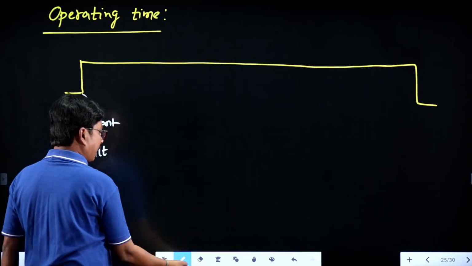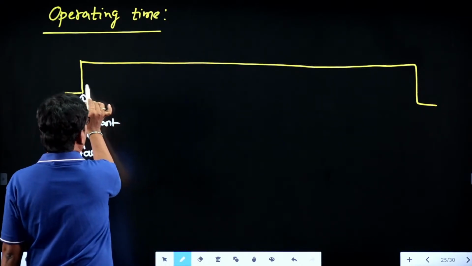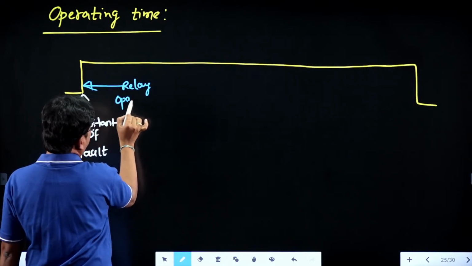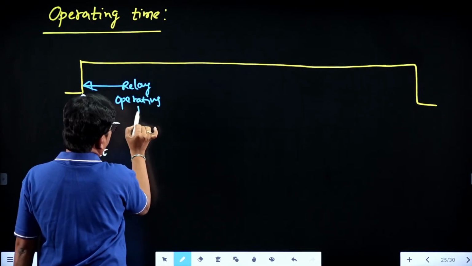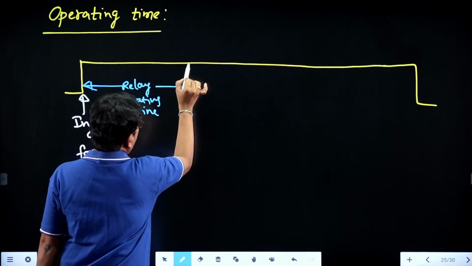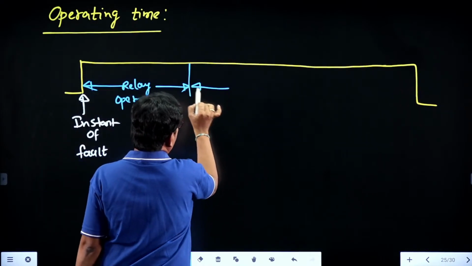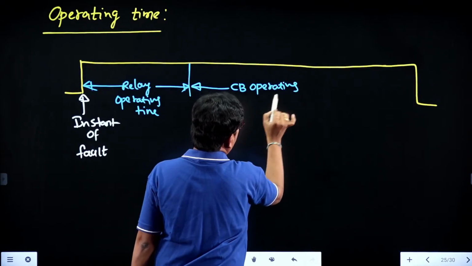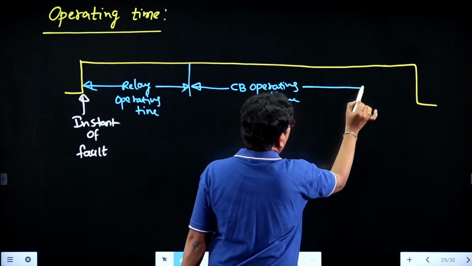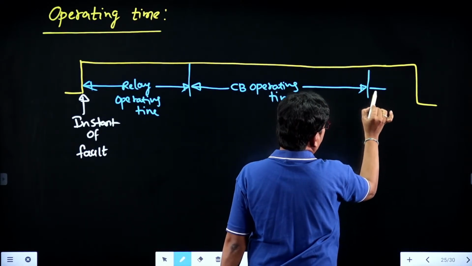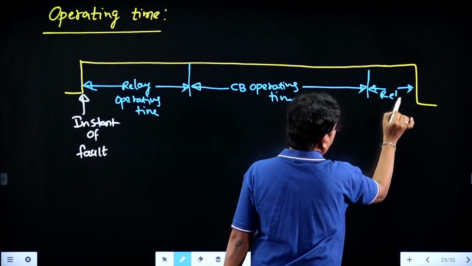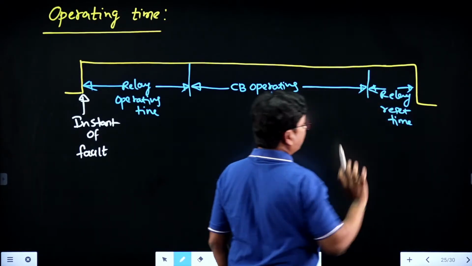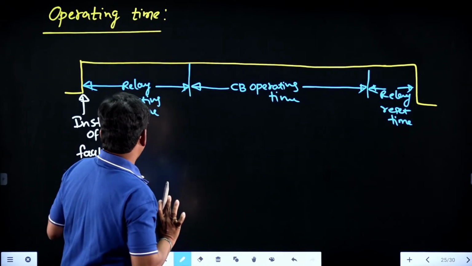From the instant of fault, we are having the relay operating time, and later we are having CB operating time. And finally relay reset time. This is the total operating time whenever the fault occurs.